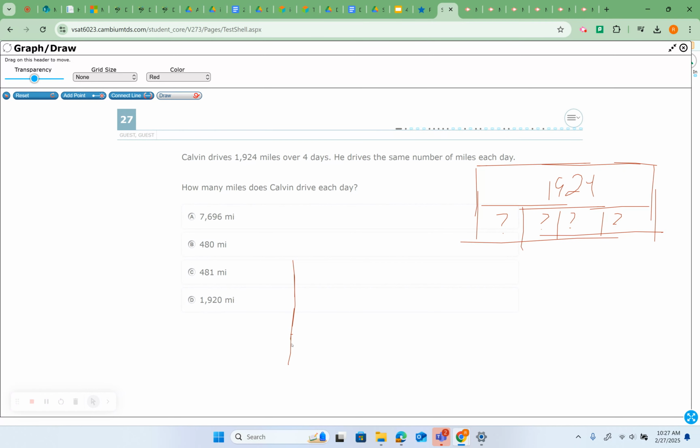I'm going to denote this with the area model, and here we go. 4 times what? So 4 times 100 is 400. No. 4 times 200, 800. Getting closer. 4 times 300 is 1,200.